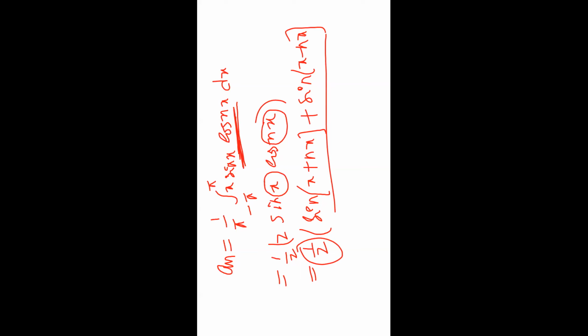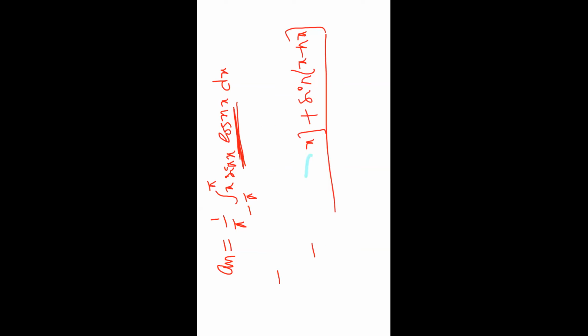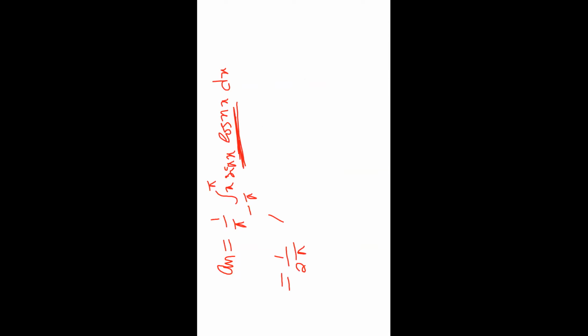So replacing into the above problem, first write the 1 by 2 outside of the integration. Already pi is outside. So 1 by 2 pi, integral from minus pi to pi, x into sin of x plus nx plus sin of x minus nx, into dx. Now separate the integration into two terms.